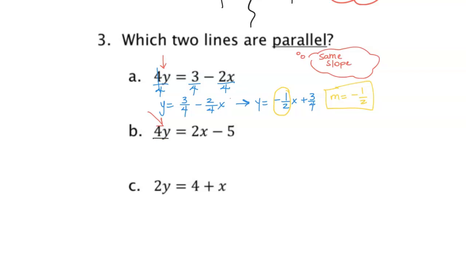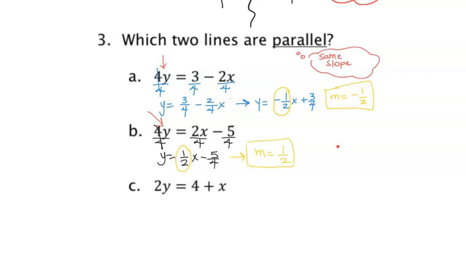So let's divide by 4, divide by 4, divide by 4. So we'll have y equals 2/4x, reduces once again to 1/2 x minus 5/4. Our slope is the number being multiplied by x, and so in this case m equals 1/2.